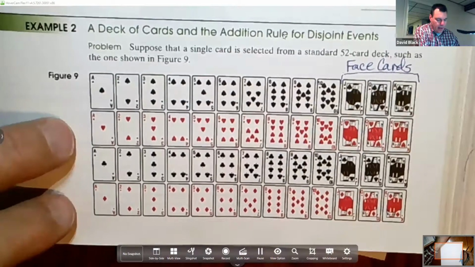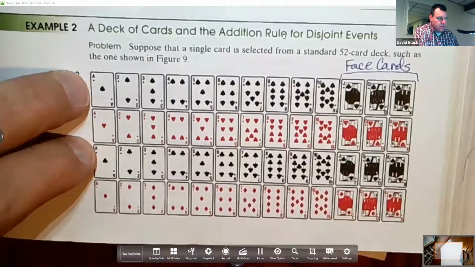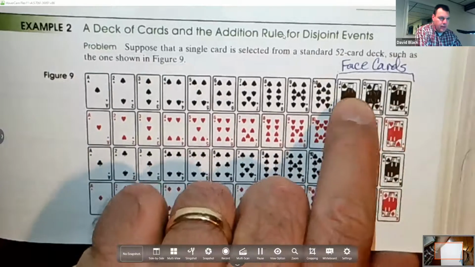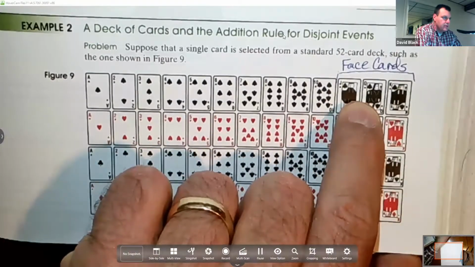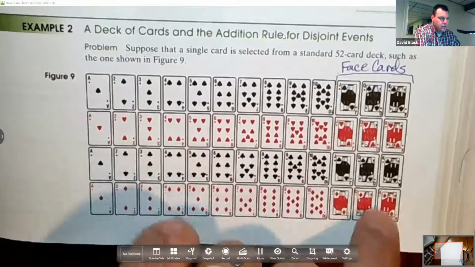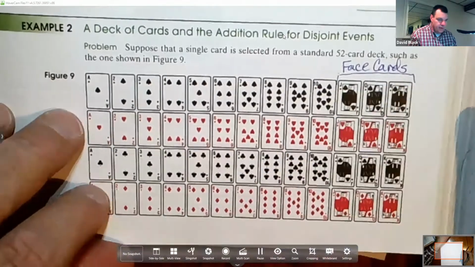And then half of the cards are red, so 26 of them are red. Half of them are black, so 26 of them are black. And the jack, queen, and king in each suit are face cards. So there are 3, 6, 9, 12 face cards total. 6 black face cards and 6 red face cards. So again, that's page 271 if you need to go back and brush up on that a little bit.